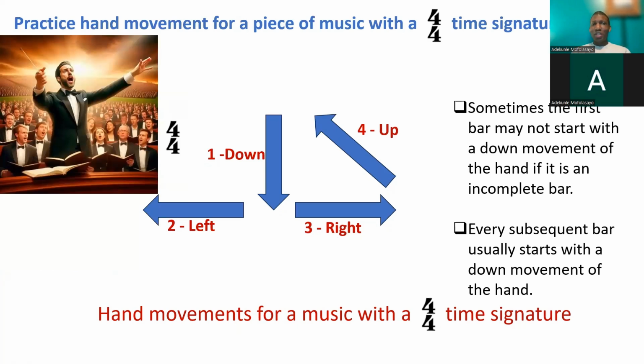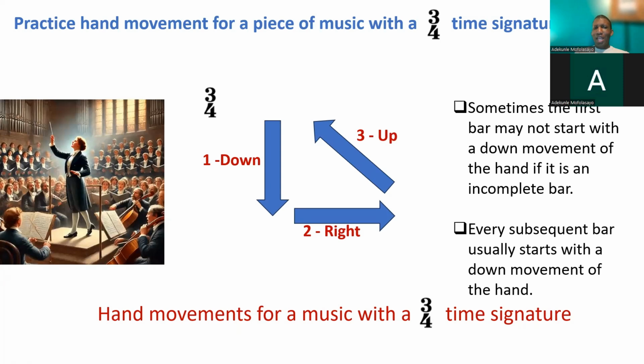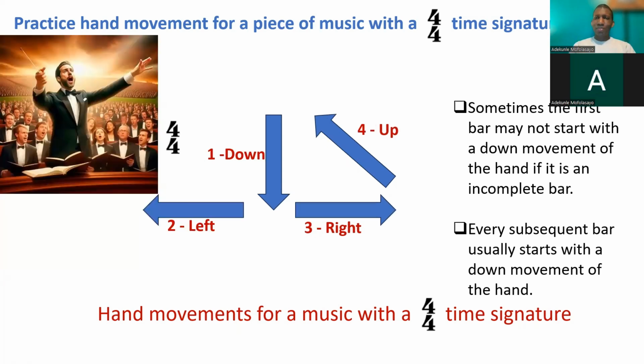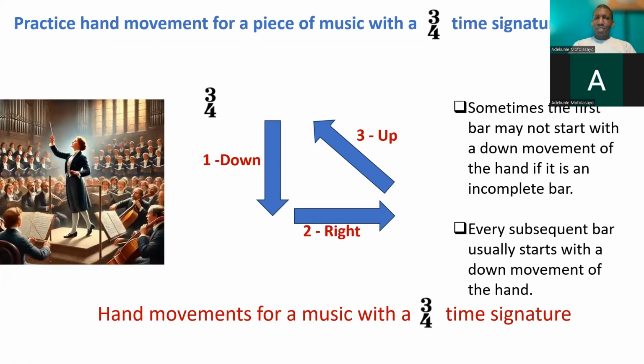We have just explained this, so now you can practice the hand movements for a piece of music with 4/4 time signature. Can you think about a music with 4/4 time signature? Now we can also look into our songbook and conduct a piece of music with 3/4 time signature. An example of music with 3/4 time signature will be Silent Night, right?